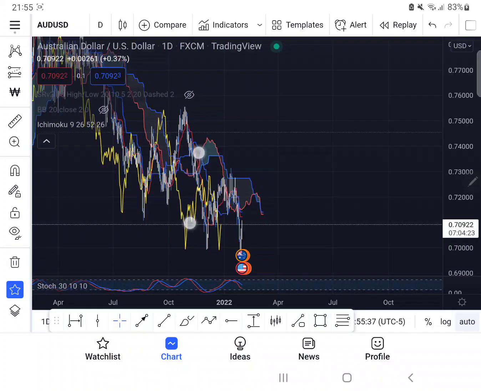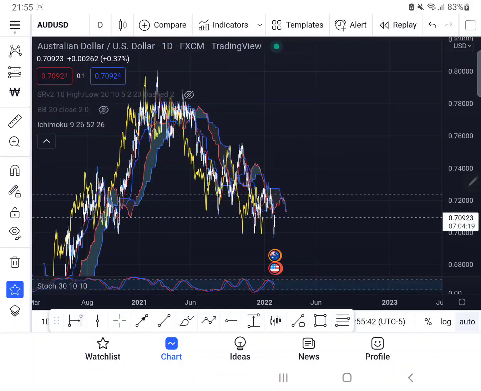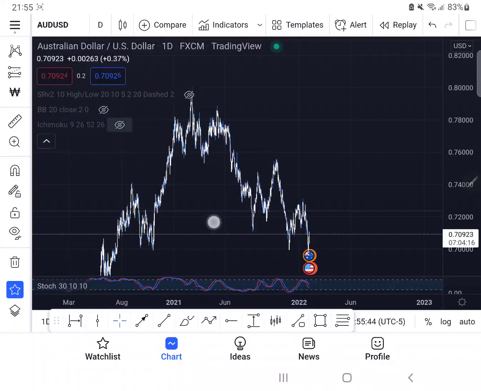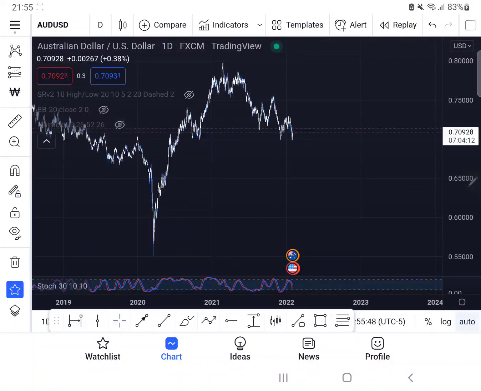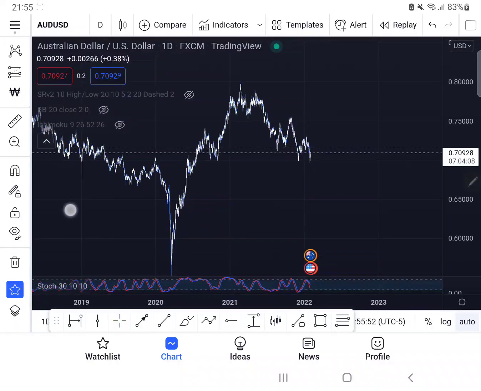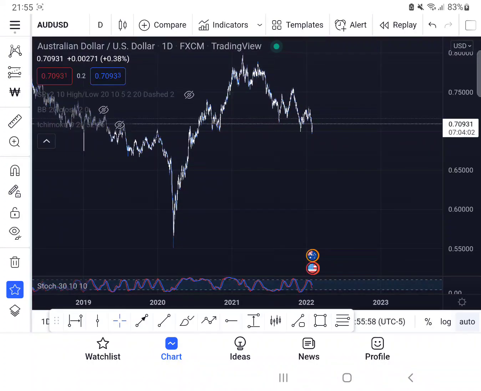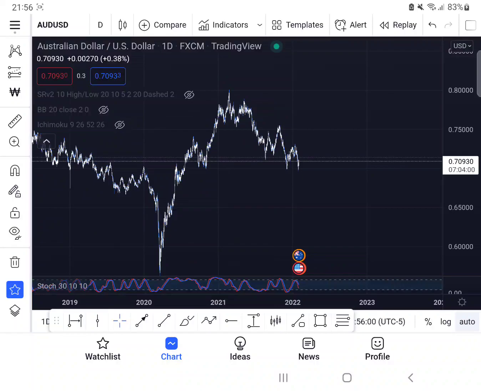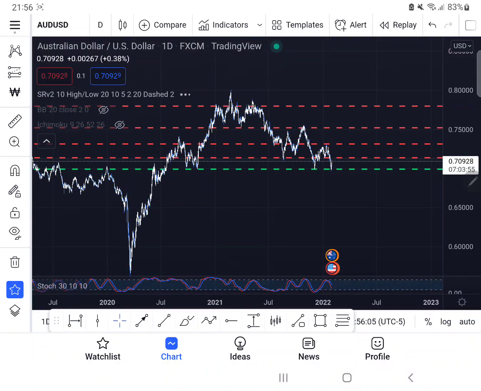Okay, first on this pair, can I remove the Ichimoku indicator first and see the price pattern here of the AUD USD. For now, there is significant support around here.